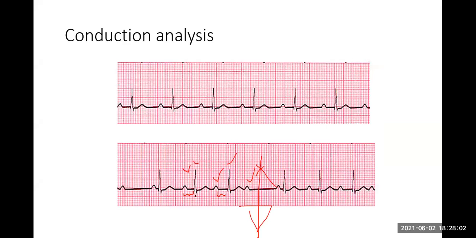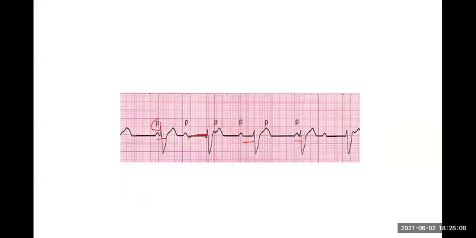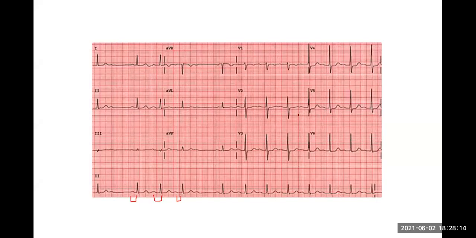So in a third degree heart block, the QRS complex is broader and there is absolutely no relationship between the P and the QRS. The PR interval changes from place to place. Here it's fixed. Those are the two differences between a type 2 second degree block and a third degree heart block.